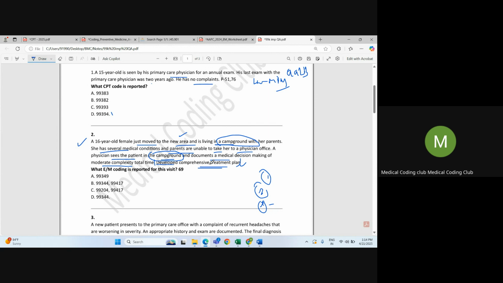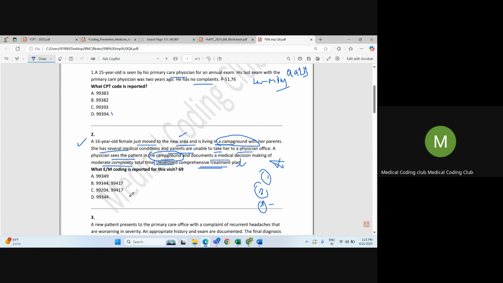Whenever the physician sees a patient for the first time, they usually document that they have developed a comprehensive treatment plan, which requires more time. This is one keyword, though you don't necessarily have to take it. But since she has moved to a new area, you can consider this a new patient, and nowhere did they give any keyword to consider the patient established. So the two keywords we got: the patient is new, and the campground is the place of visit.